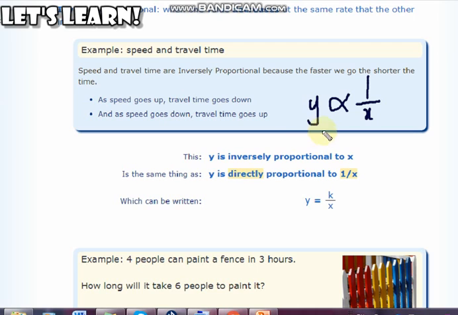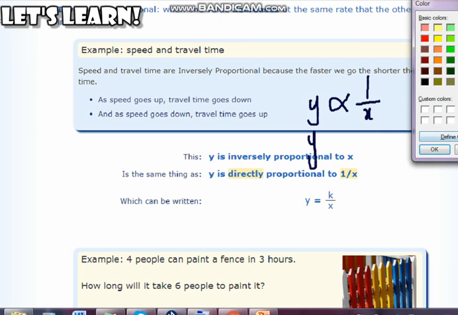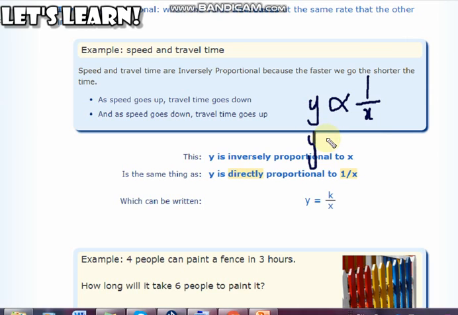To change it into an equation, Y will come down here as it is. In place of this proportionality sign, we will be having an equal to sign because we are changing into an equation, and we are going to have a new term, that is the K. This time the K is going to come in the place of 1 up here and then divided by X. So you can see how we are having an equation of an inversely proportional relation.